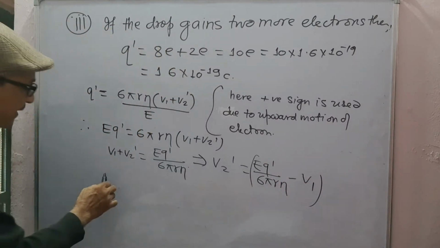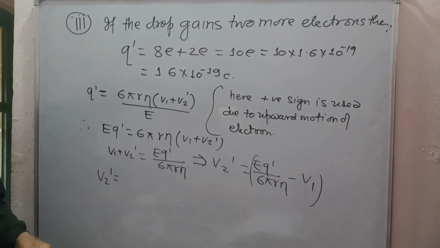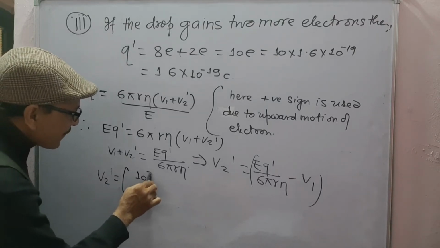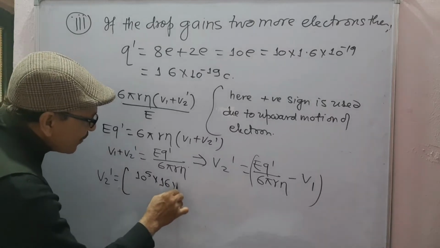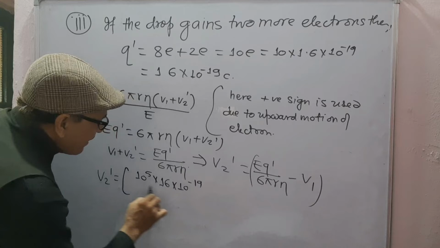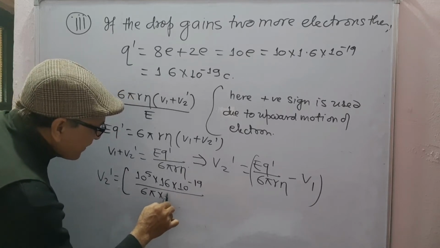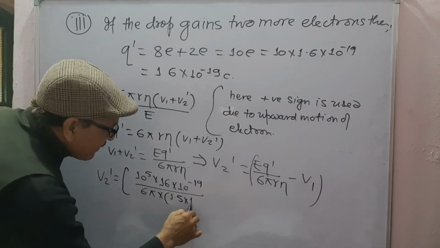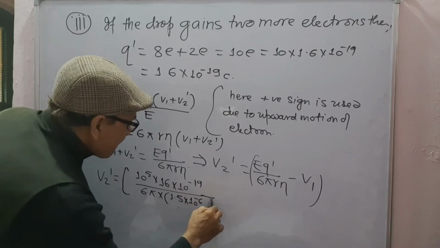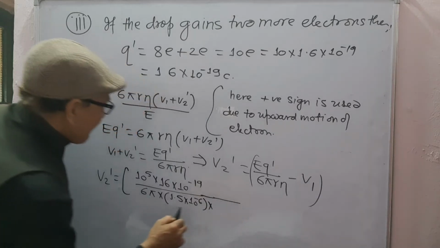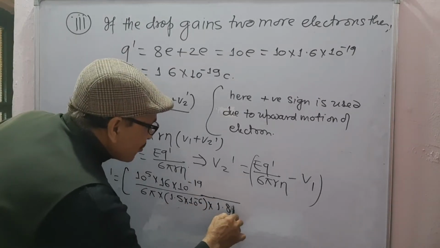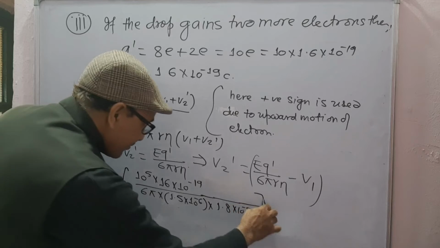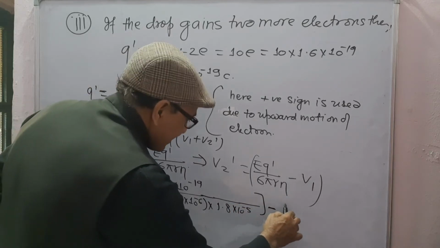Now putting the values, we get B2 dash as E is 10 to the power 5, Q dash is 16 into 10 to the minus 19, upon 6 pi r, r is 1.5 into 10 to the minus 6, into eta, 1.8 into 10 to the minus 5, whole, minus B1.